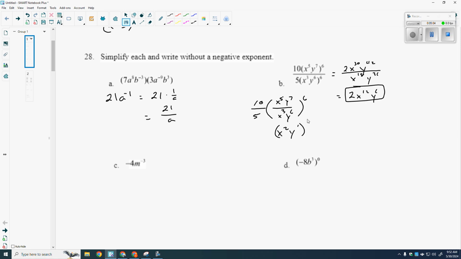Raised to the 6th. Multiply 6 times 2, I get 12. 6 times 1, I get 6. So because these are the same, I could write it as a single fraction raised to a power, and then I could reduce these. Had that been a 5, this would not have been possible. Had that been anything other than a 6, what I just did would not have been possible. Okay, I had to show you that because I made this statement earlier.